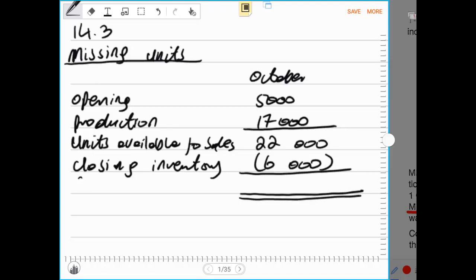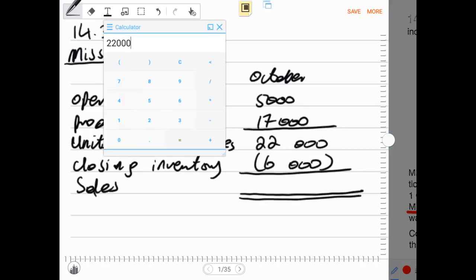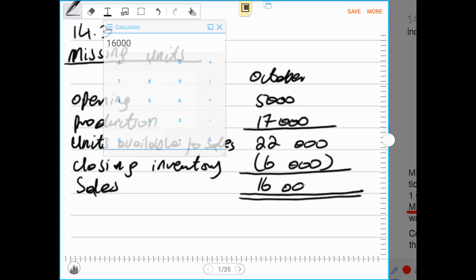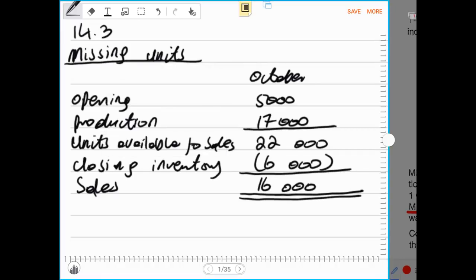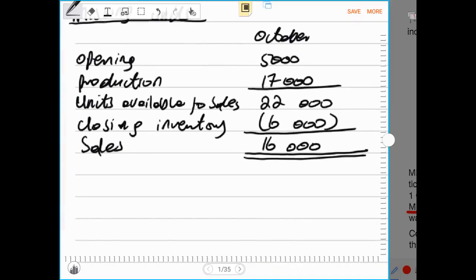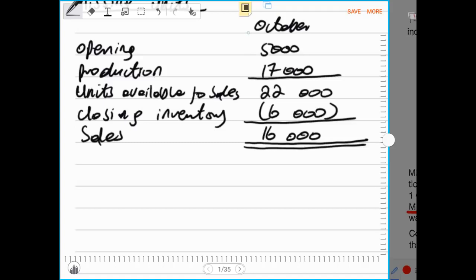Therefore now we say units sold will be 22,000 minus 6,000 units that were left. Then 16,000 will be the total units that were sold during the month of October in the case of exercise 14.3.